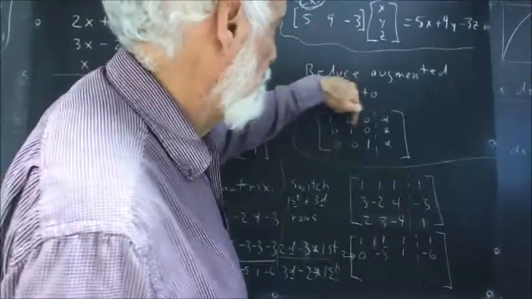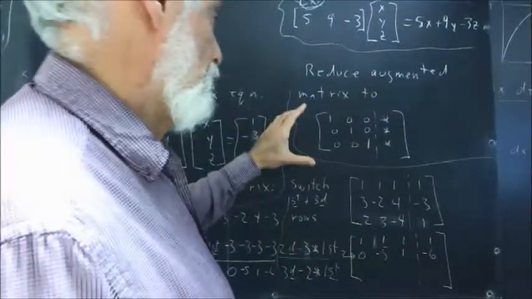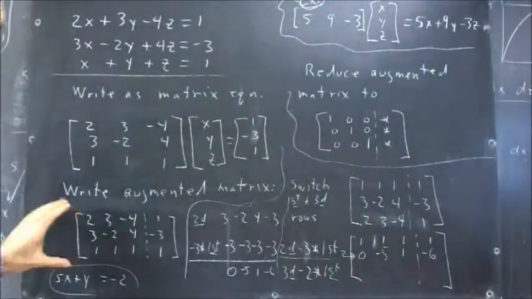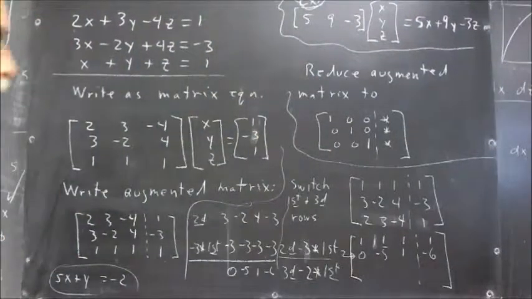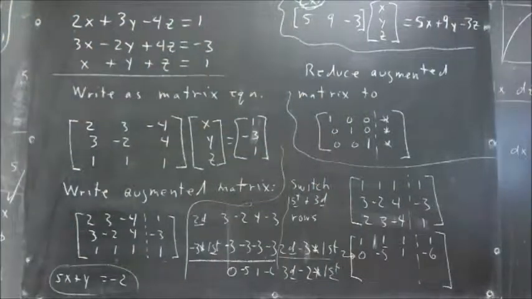X is going to equal something, Y is going to equal something, Z is going to equal something. Make sure you understand that. Go back and replay this, whatever it takes. Make sure you understand how this represents this and how this will represent a solution to this. So, in a minute we'll proceed with that solution in the next clip.